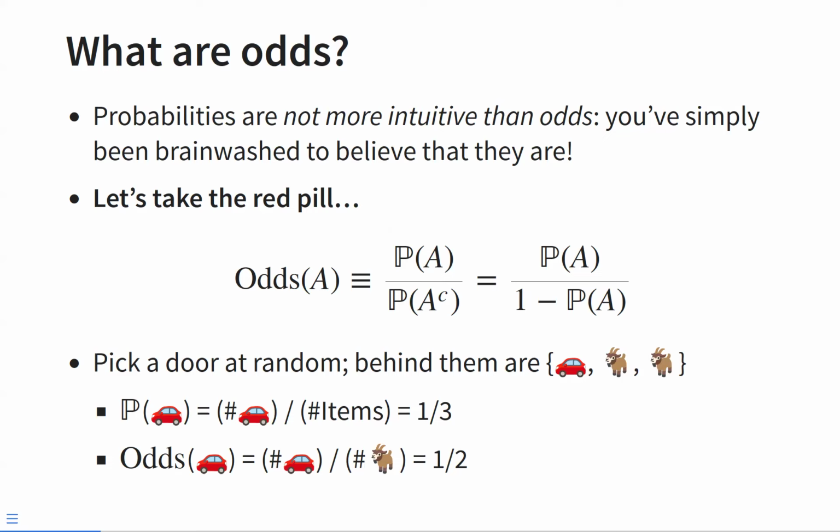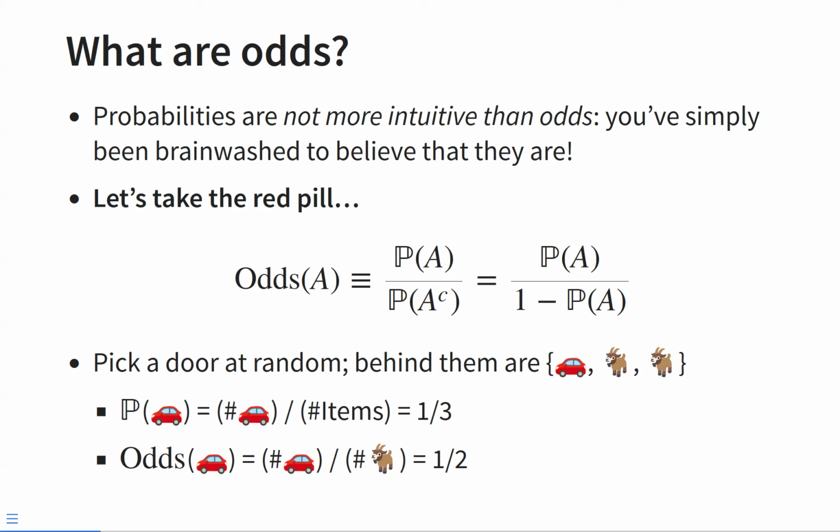Well, the odds of getting a car, I should have said a moment ago that we were calculating the probability of winning the car if you just choose a door at random. So now let's calculate the odds of winning the car if you just choose a door at random. Well, those are the number of cars divided by the number of goats.